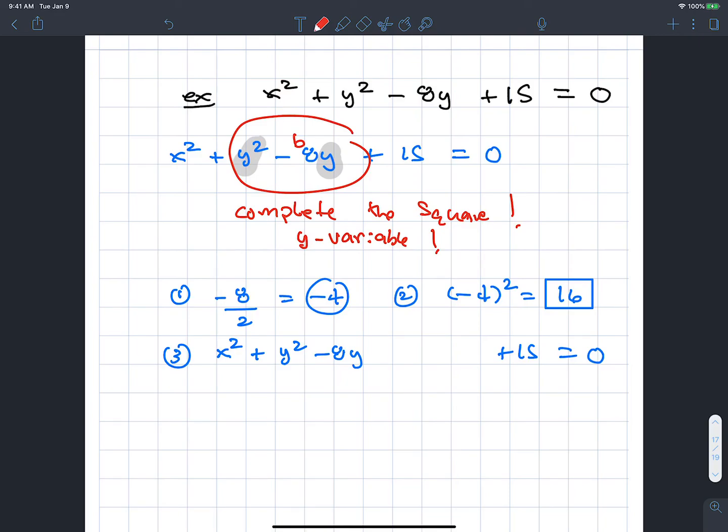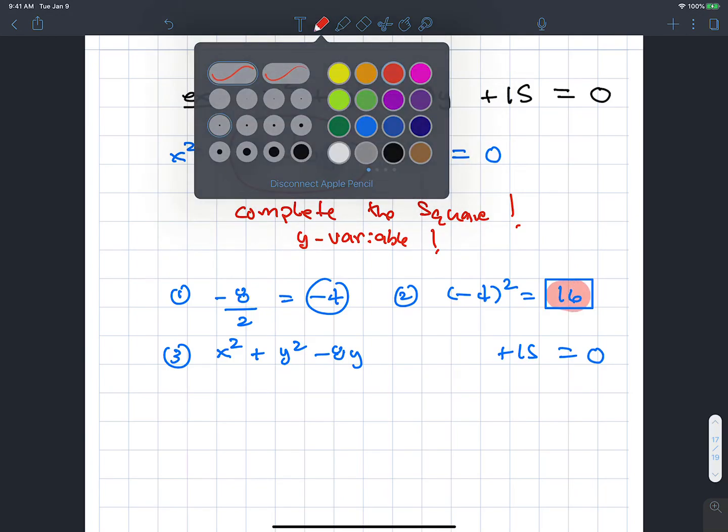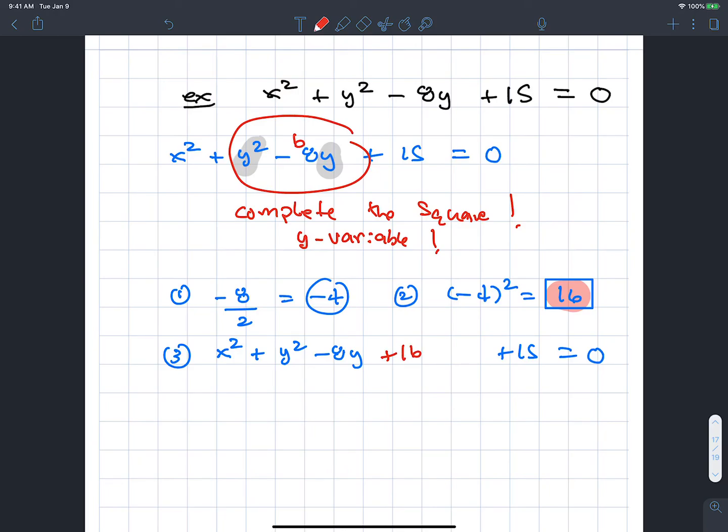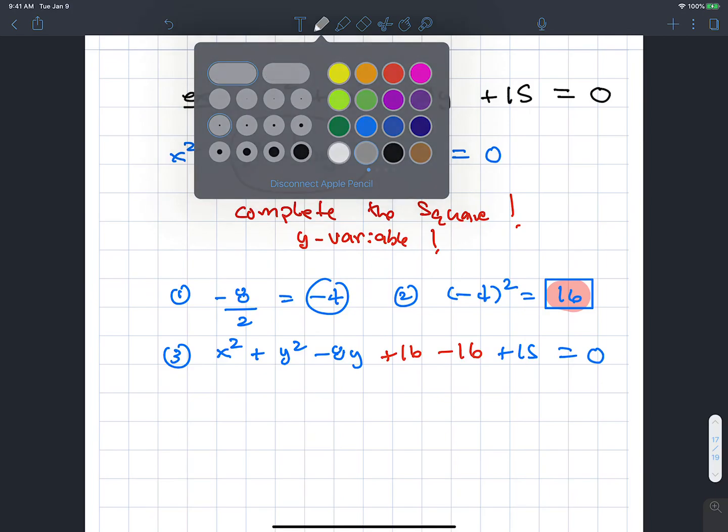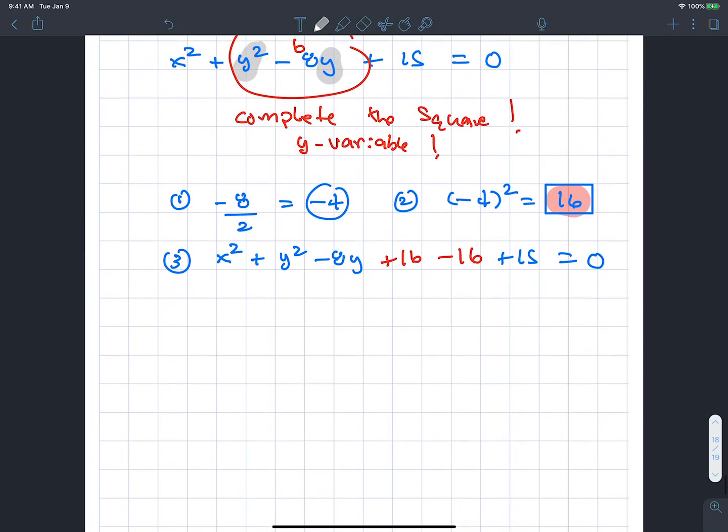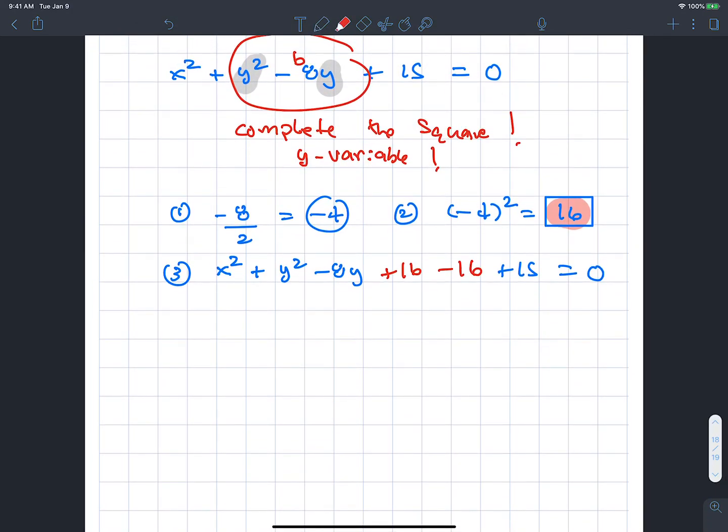So like we did before in completing the square, you're going to take that 16, you're going to add it, and you're going to subtract it like you did before. But only this time, since we're completing the square with the y variable, remember that, you're going to factor those 3 terms. And here we're going to add. So this process is the same.